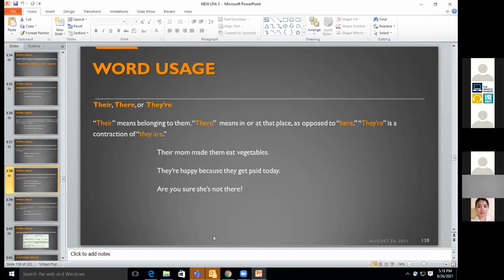Samples: their mom made them eat vegetables. They're happy because they get paid today. Are you sure he's not there? So the sounds are all the same. However, again, how you use them in writing differs.